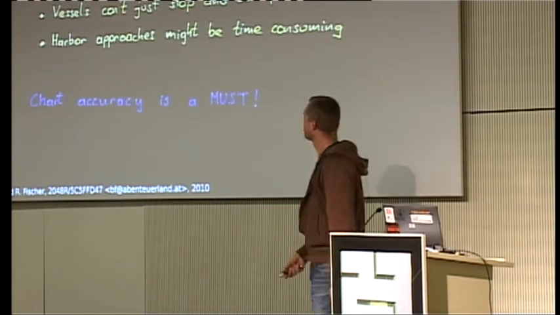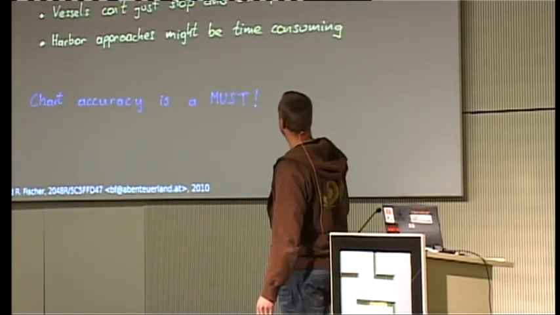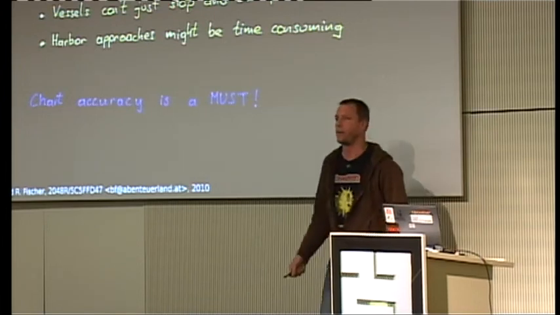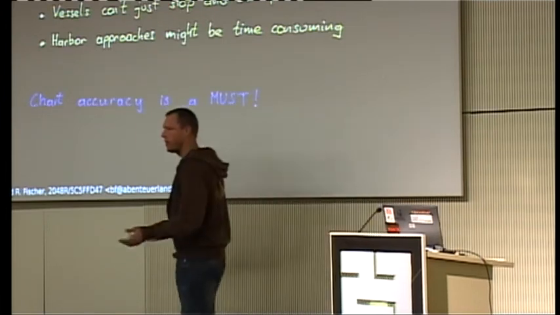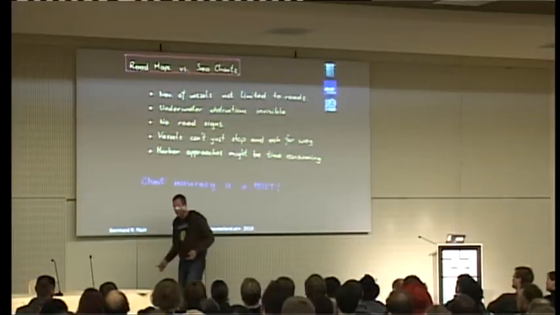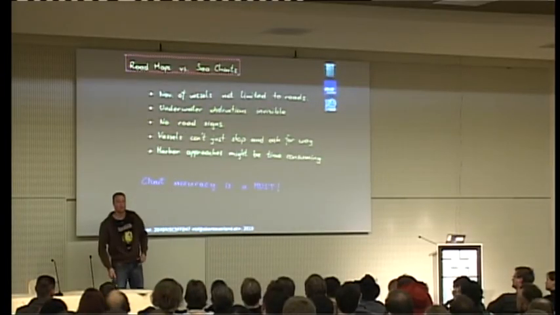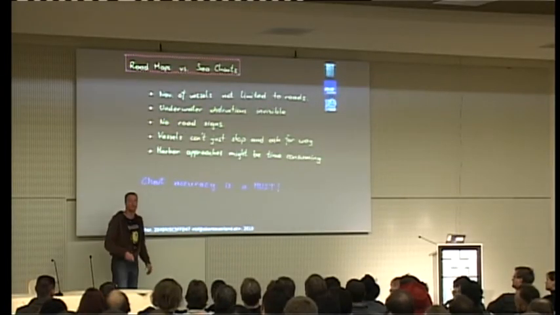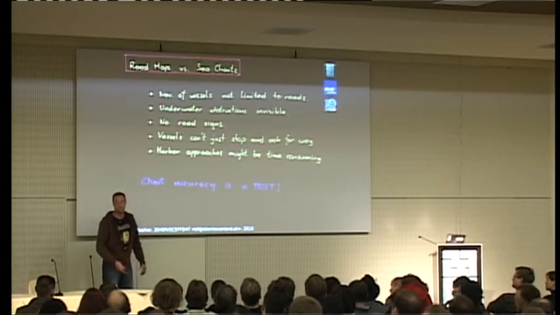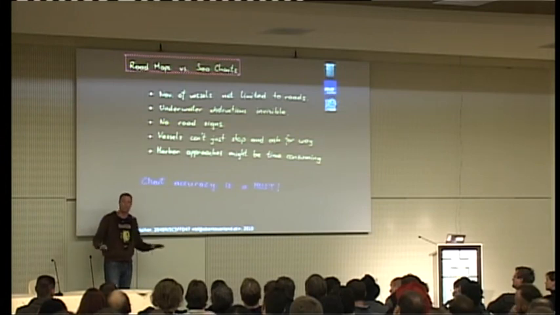There is no road. Then, a big problem is that underwater obstructions are invisible. If you put a guy on the bow of your boat and tell him to look into the water if there is something, he might not see it if the sea is a little bit rippling or rough or something like that, so you can completely forget it.